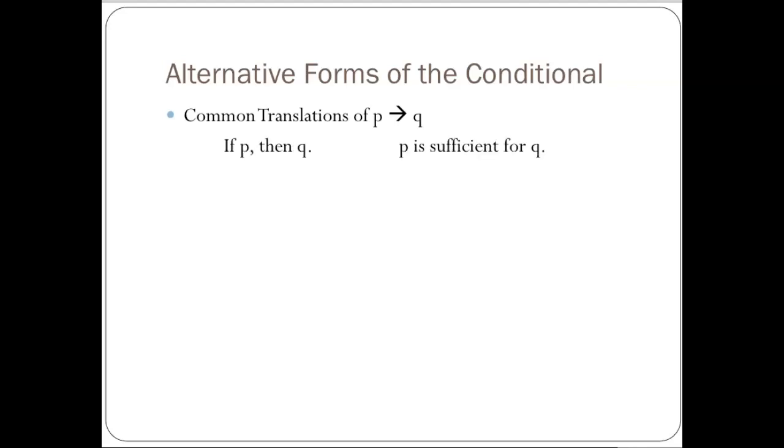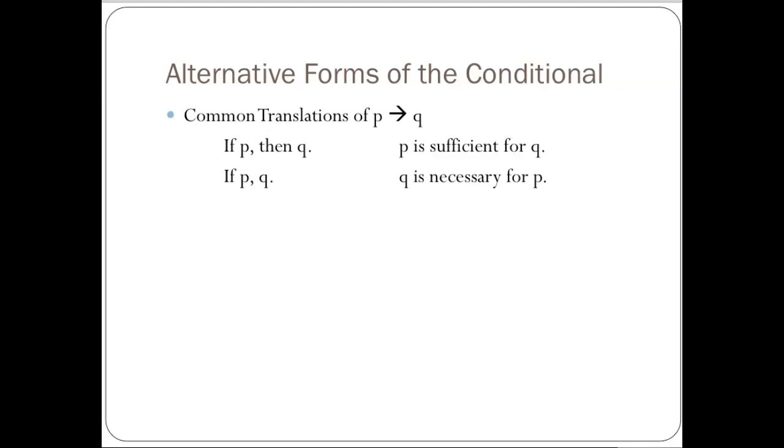All right, so let's start off by going over some alternative forms of the conditional. So we have P arrow Q, right? Common translations of this. So the first one is if P, then Q. We can also say P is sufficient for Q. You can say if P, comma, Q, like without the then.